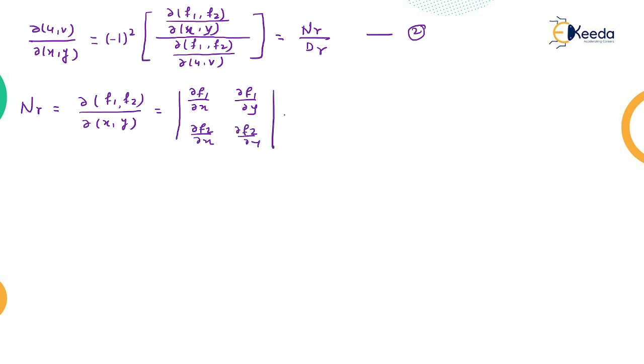We have to simplify this. In the first row we get 1 and minus 1, and in the second row minus 3x² and minus 3y², so we take these values.